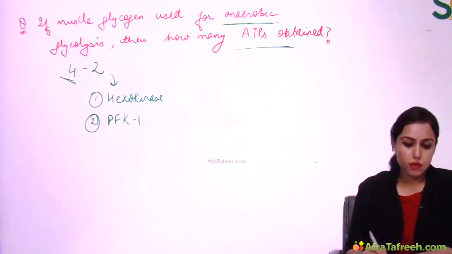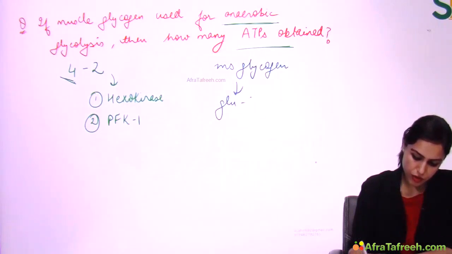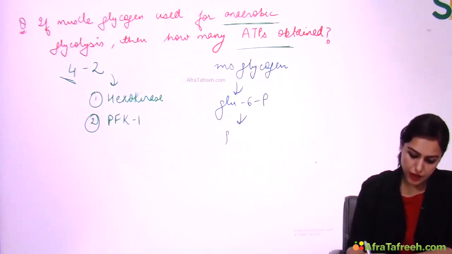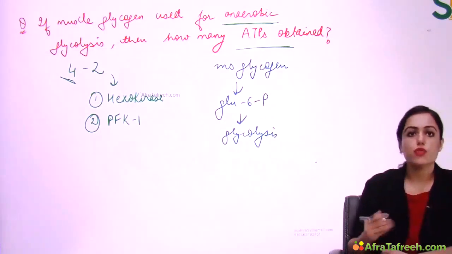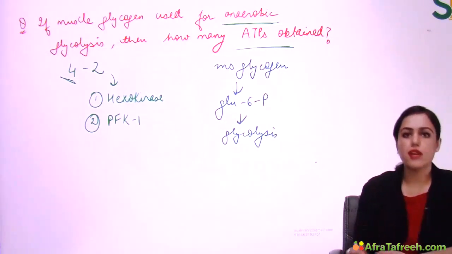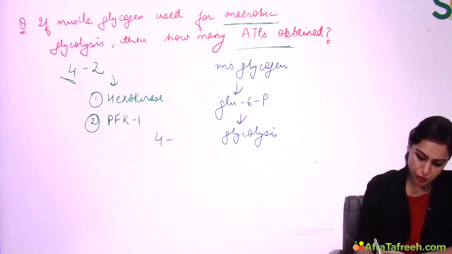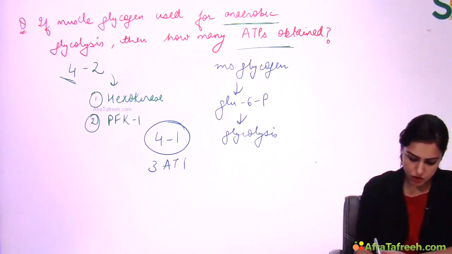But if muscle glycogen is the starting material, I told you the end product of muscle glycogen is not glucose, it is glucose 6-phosphate. Now this glucose 6-phosphate in the muscle cell will directly enter into glycolysis. So already phosphorylated glucose is entering into glycolysis. So there is no need of the hexokinase enzyme to phosphorylate this glucose. Therefore now the energetics will be 4 minus 1, that is 3 ATPs is the answer to this question.